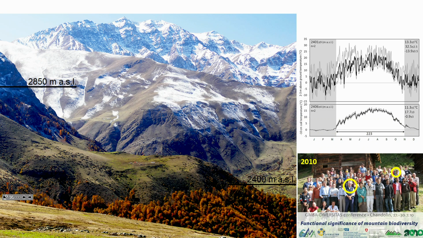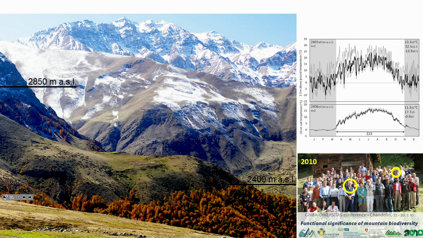Therefore, from this elevation of 2,400 to this elevation, 2,800, there is no tree because of anthropogenic activities, overgrazing, and so on. But we said that the tree line should reach 3,200 meters.